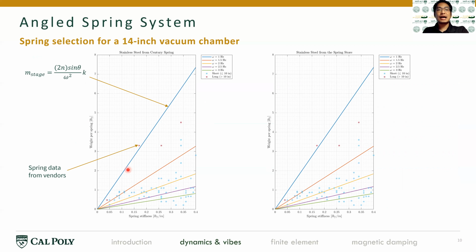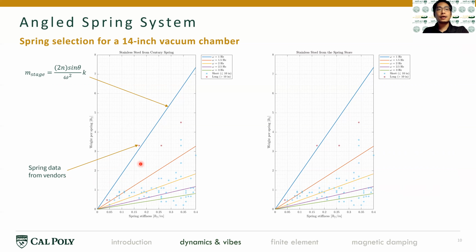All of the solid lines are the relationship that we derived earlier, and each of them represents an input frequency, and any data point here is spring data that we got from the vendor.